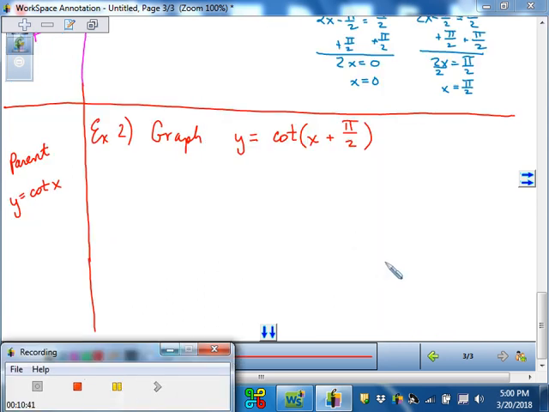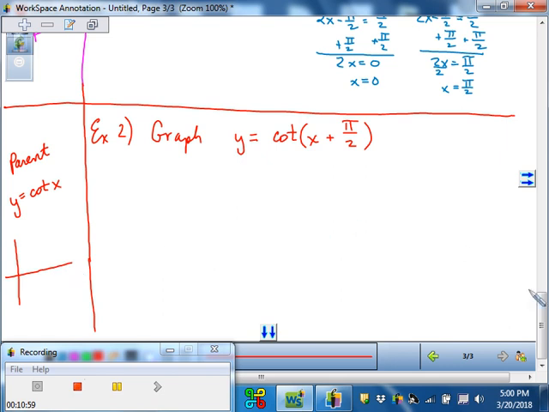Okay, for our second example, we're going to graph y equals the cotangent of x plus pi over 2. First, let's talk about the parent graph of y equals cotangent of x.